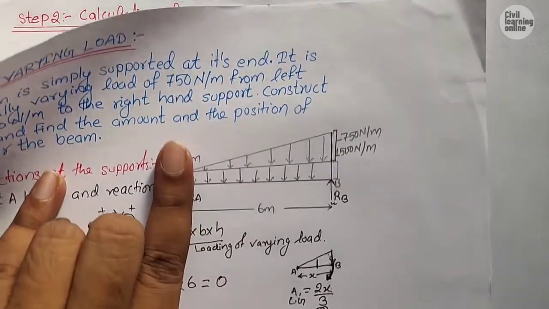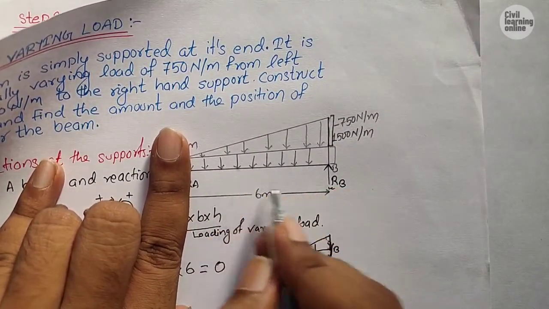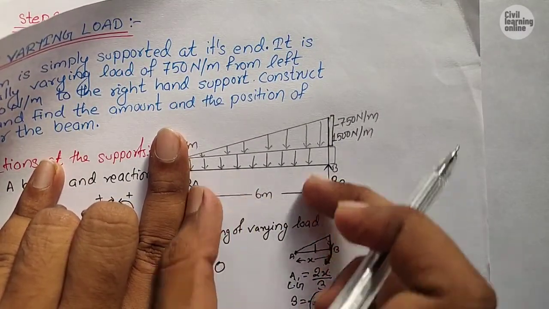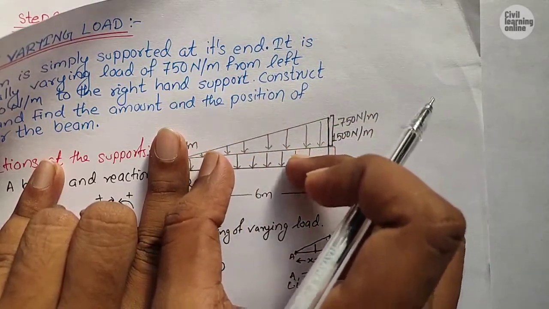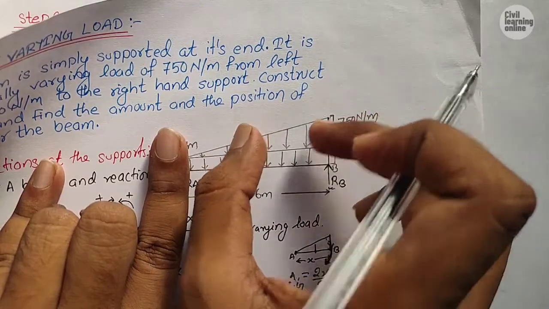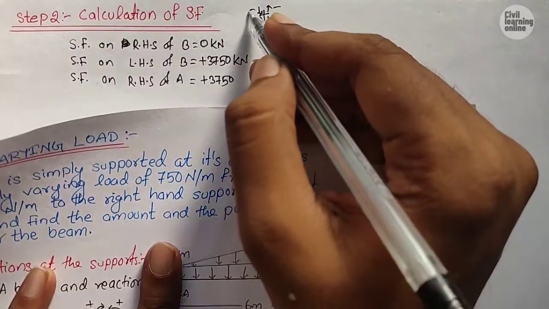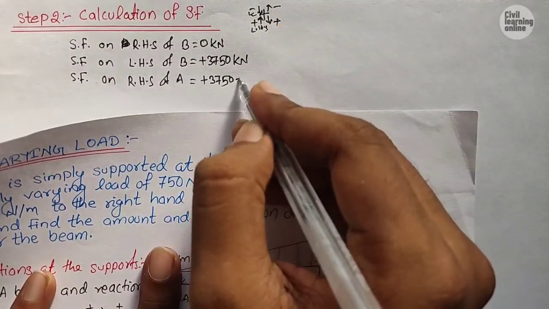Now guys, see here, this shear force from B is acting upward, and these two forces of loading due to the UDL and the bearing load are acting downward, and for downward we will be using the negative sign, means minus.